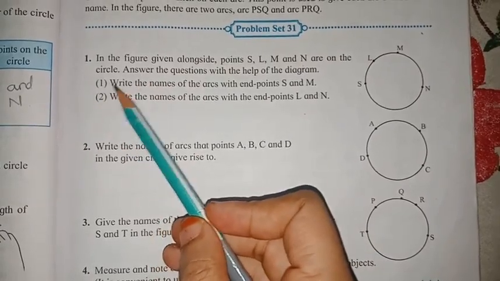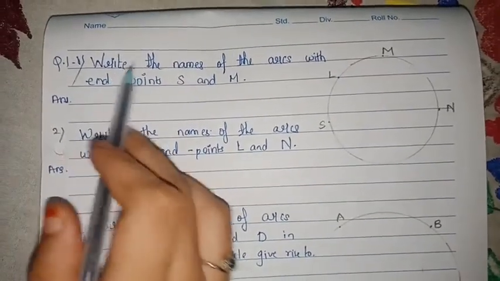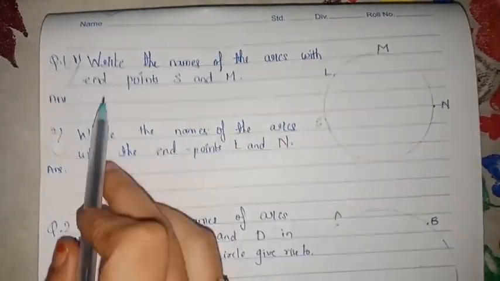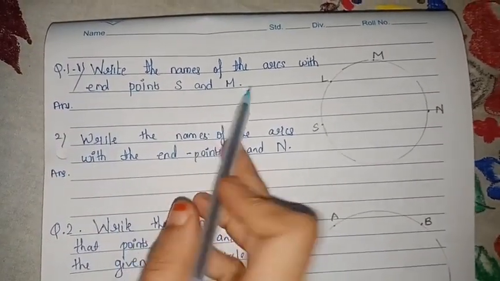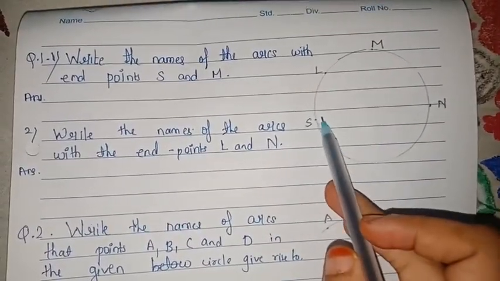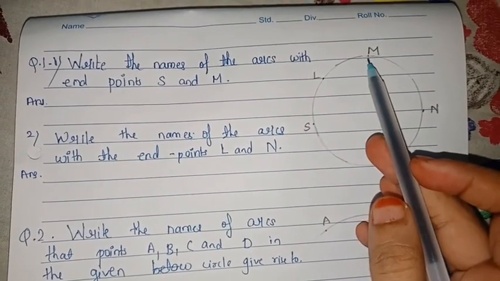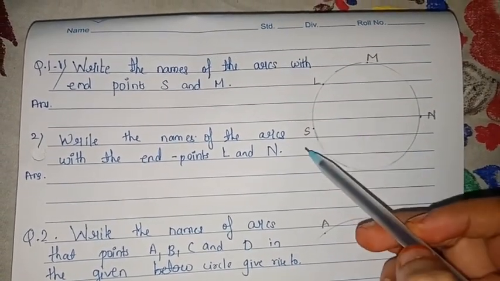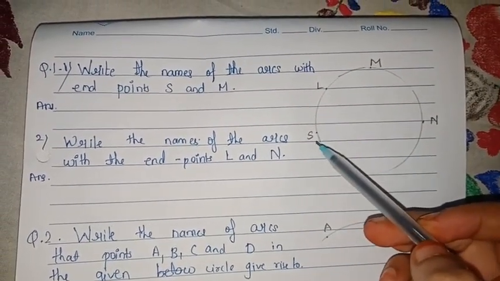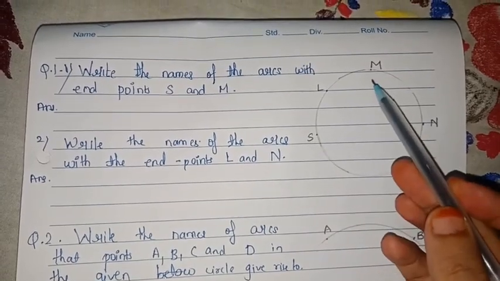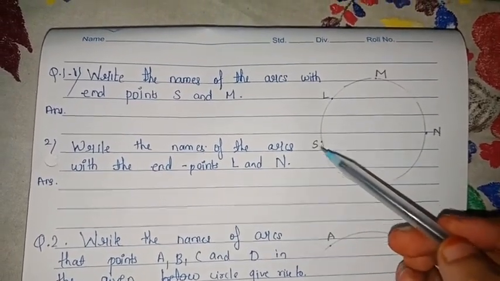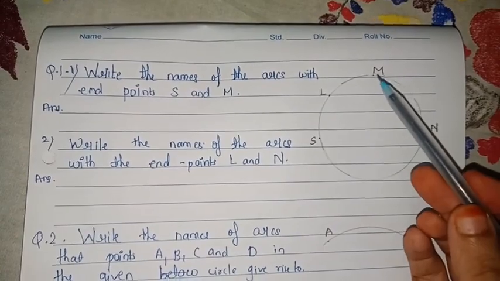So first one is question number 1. Write the names of the arcs with end points S and M. You can see here point S and point M. You have to name two arcs with end points S and M. Okay, so first arc is S, L, M, right?